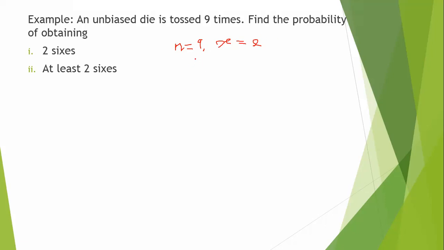Then we are going to get p, which is the probability of success. So what would be the probability of getting a 6 when we are rolling a die? We need to first come up with the probability of getting a 6.